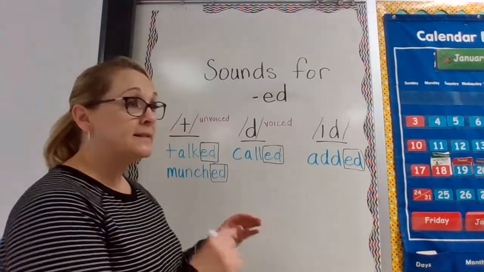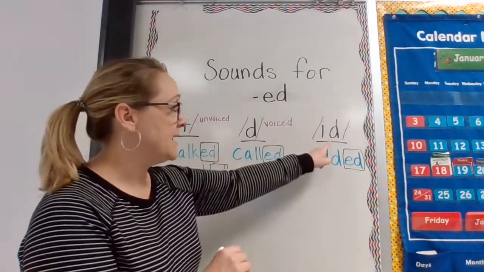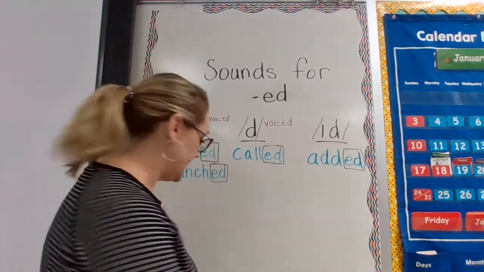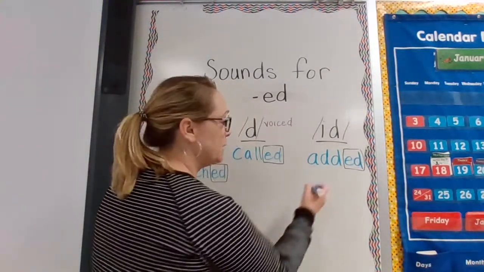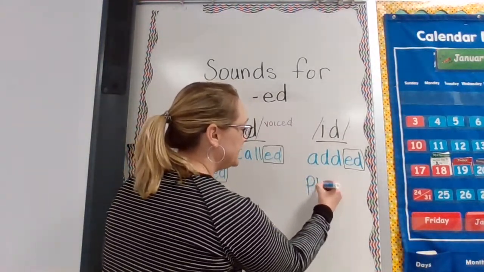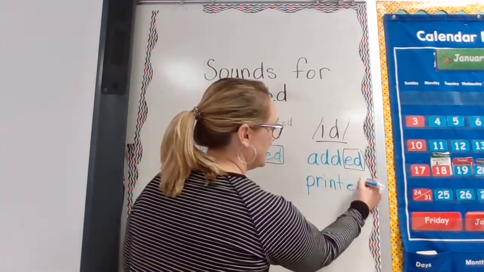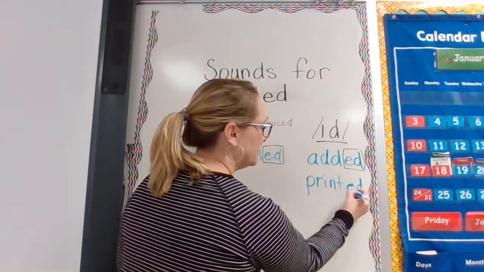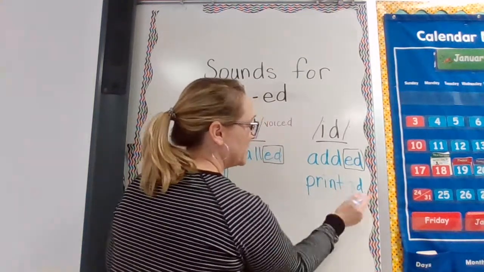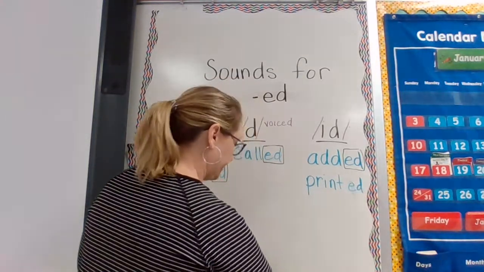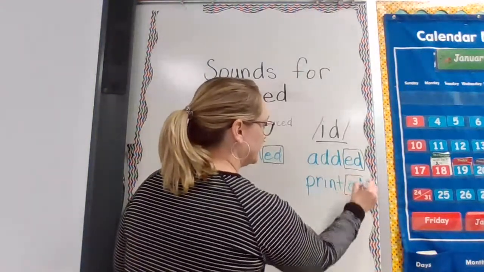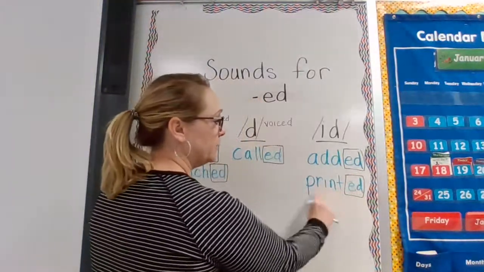If a word ends with D or T, the inflected ending ed makes the id sound. So print, id, printed.